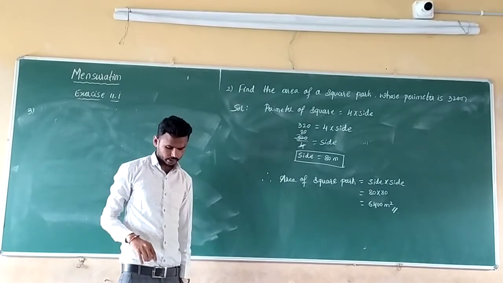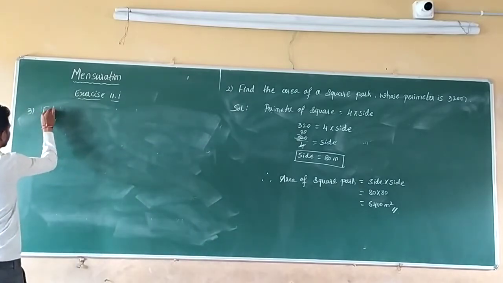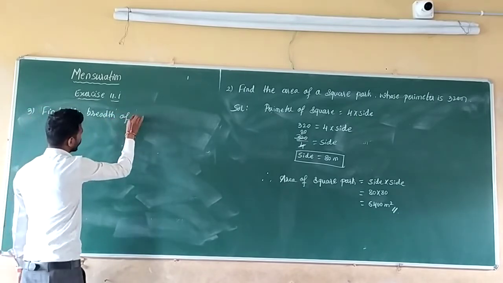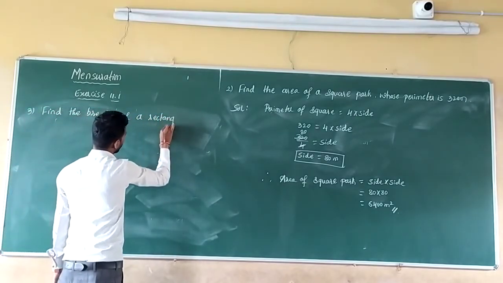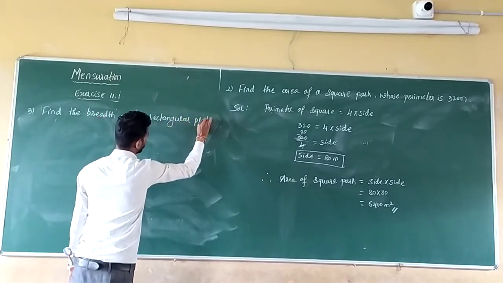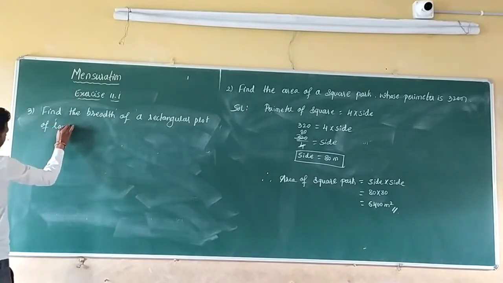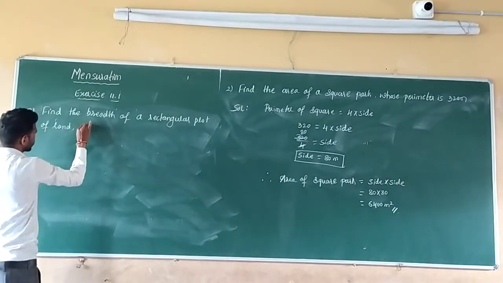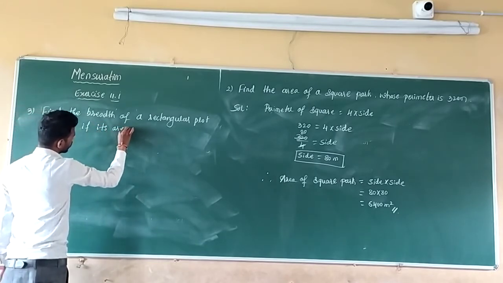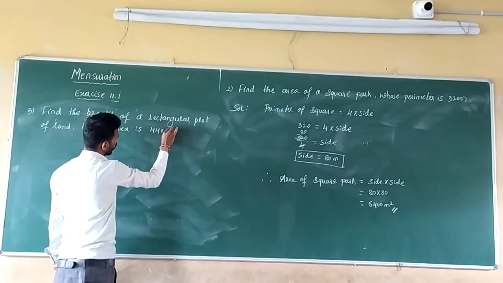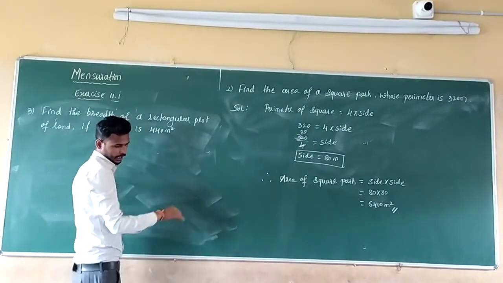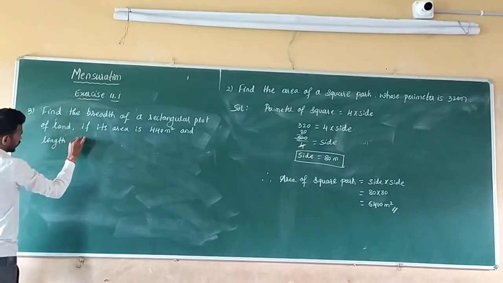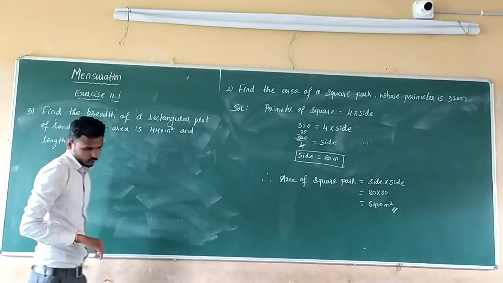Third one: find the breadth of a rectangular plot of land if its area is 440 meters square and length is 22 meters.